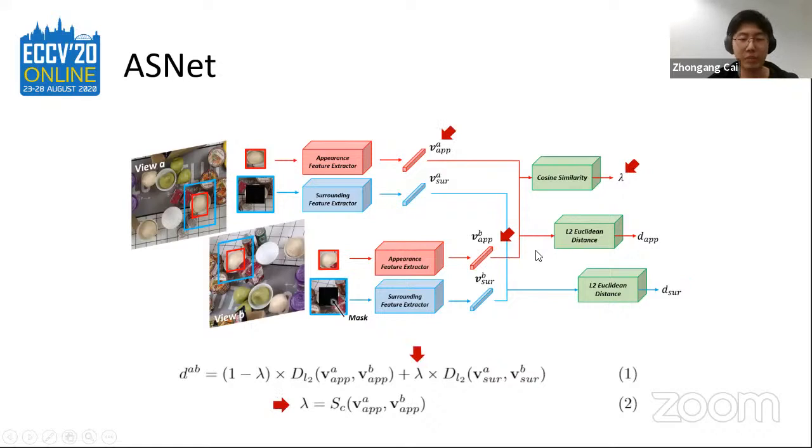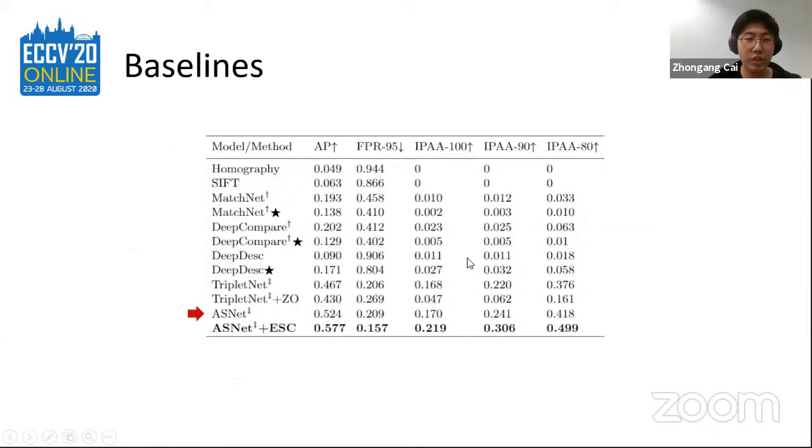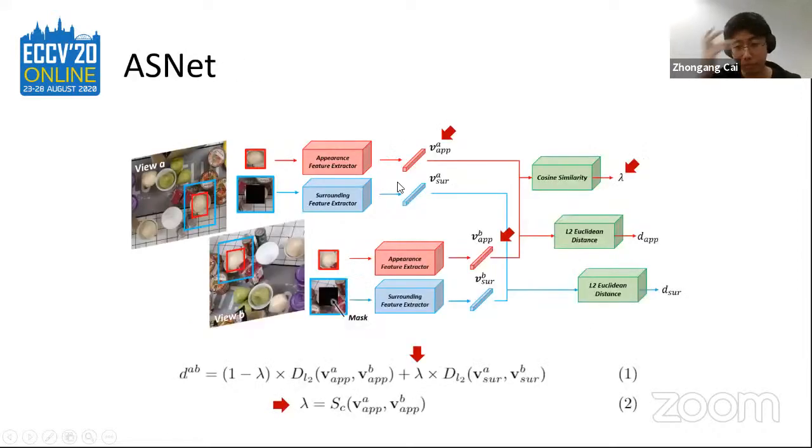Then the problem comes: how do we fuse these two distances? Are we going to fuse them manually? Are we going to design a hyperparameter, like a weighting factor, to fuse them? Instead, we develop a new distance computation. We use cosine similarity to compute how similar the appearance features are for the two objects. The motivation is quite simple.